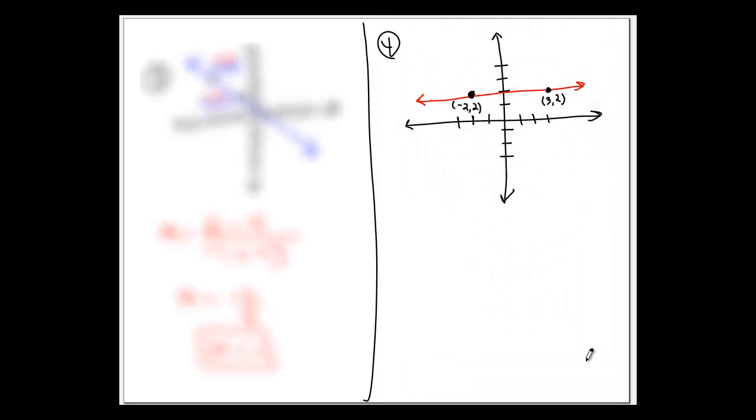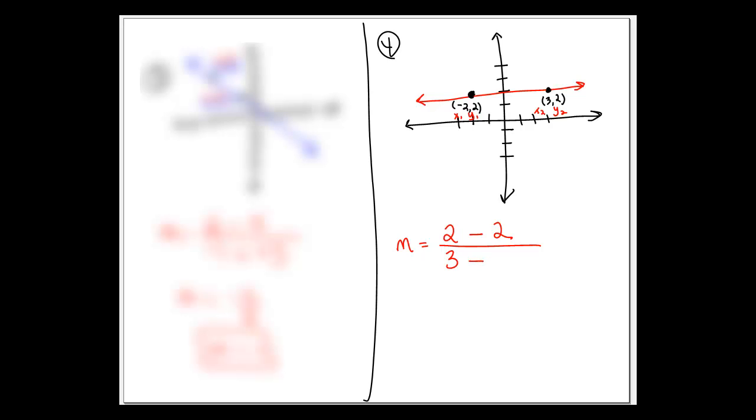Okay, in example 4, we're looking at a horizontal line graph. Given 2 points, I'm going to label these as x1 and y1, and label this as x2 and y2. Using my slope formula, I will plug in the change of y. y2 is 2 minus y1 is also 2. x2 is 3.